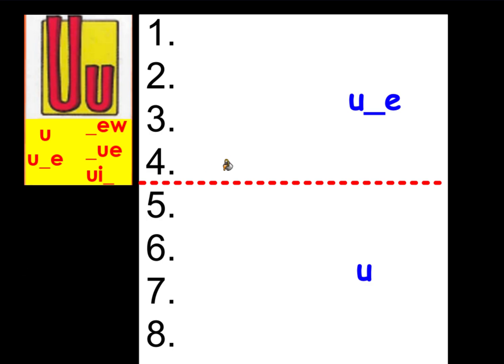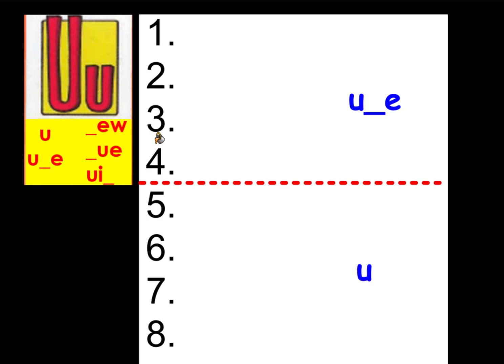So we're going to go numbers 1, 2, 3, 4, U consonant E. Number 1, mute. If you turn the sound off, you put it on mute, or someone who can't speak is mute. 2, huge. It's a huge tree. Huge.